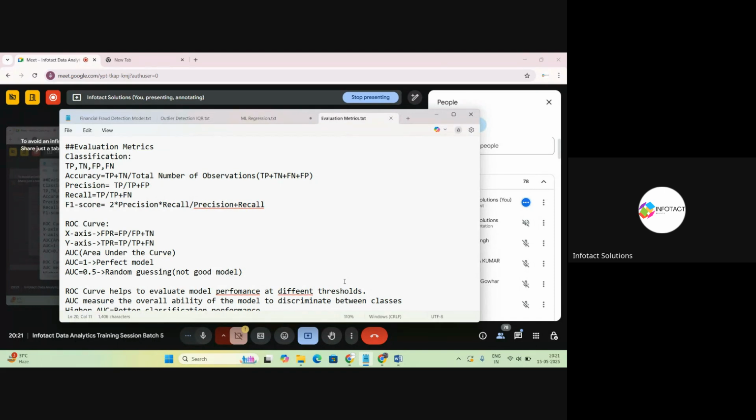The x-axis represents the FPR, that is the false positive rate, which can be determined by false positive upon false positive plus true negative.